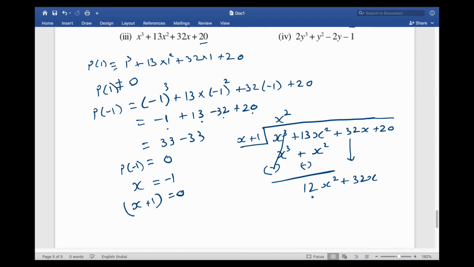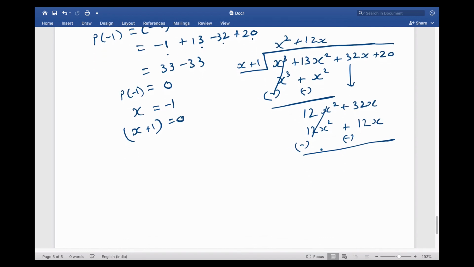So I want positive 12x square. So I will simply multiply with plus 12x. So I get 12x square plus 12x. Signs will reverse. This and this get cancelled. 32 minus 12 will give me 20x, and this 20 will be brought down now.